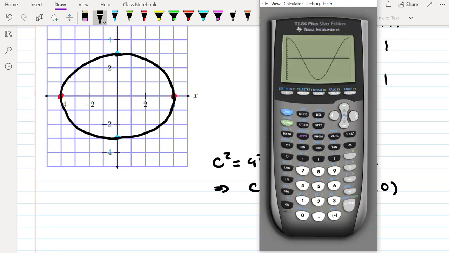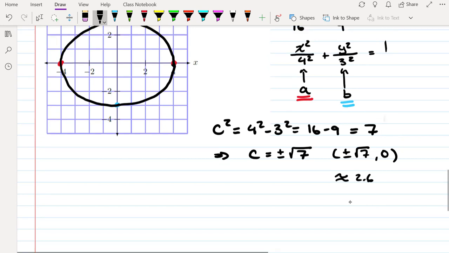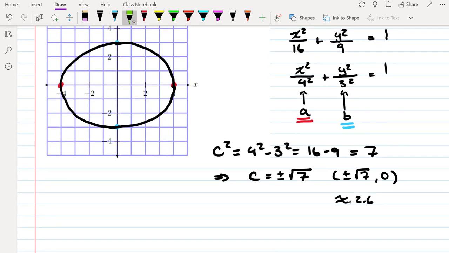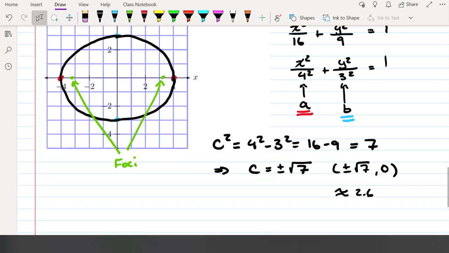To approximate, the square root of 7 is about 2.6. So that would mean our foci are going to be at about 2.6 and negative 2.6. And these two points would be our two foci, pardon me, for that ellipse.